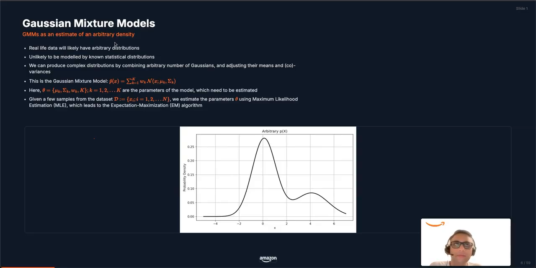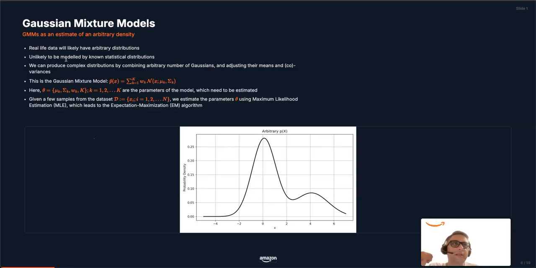So you have some data distribution P of X which is given, and you want to take many Gaussians and mix them together so that they are very close to this distribution. Now, why do we want to do that? We are interested in P of X of real life data, but they must have very complex distributions. It's natural to assume that.